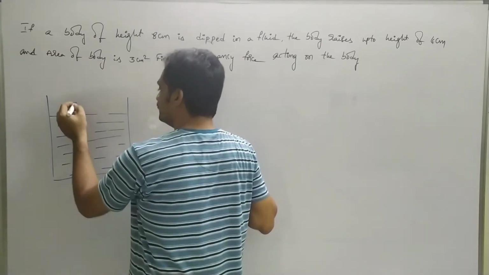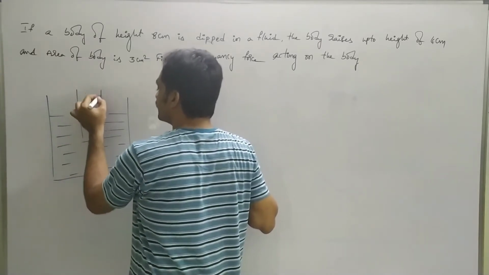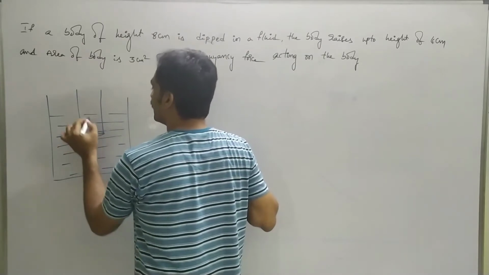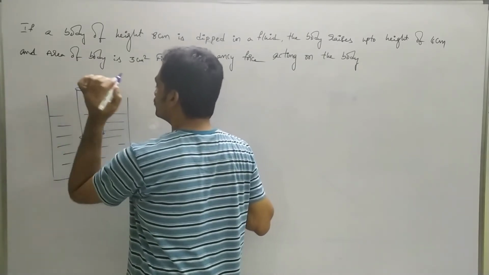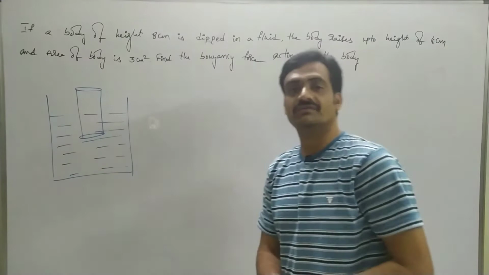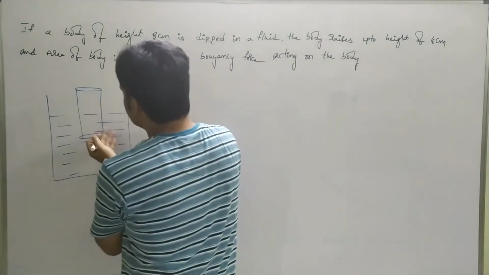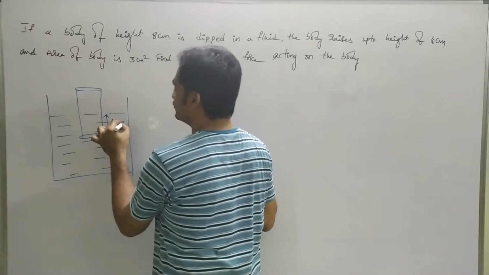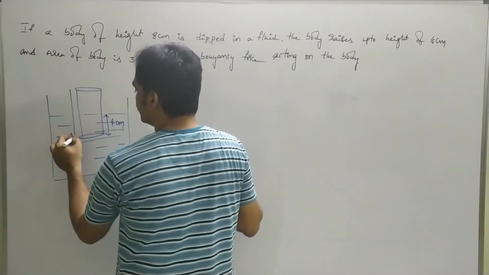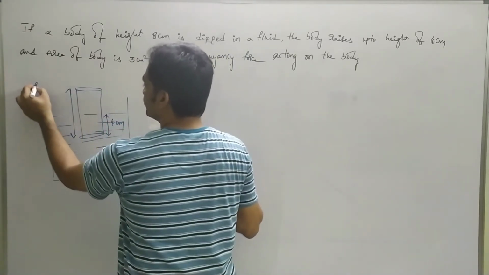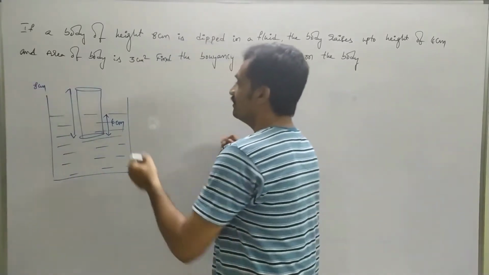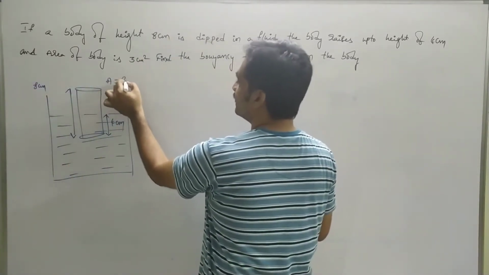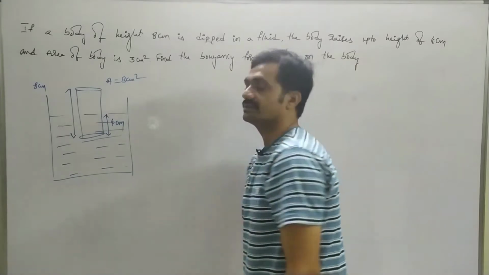Since the body has been dipped, the body has risen to a height of 4 cm from the surface of the fluid. So the remaining body which is in the fluid is 4 cm, whereas the total height of the body is 8 cm, and the area of the body is 3 cm square.